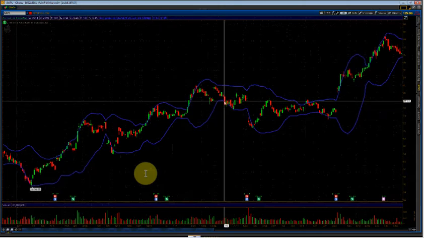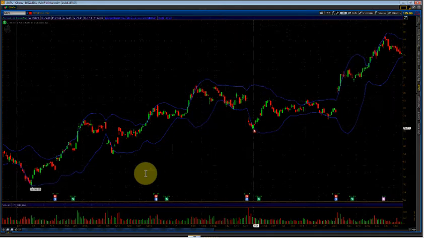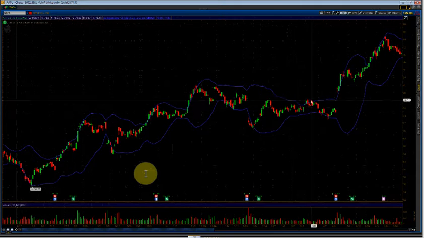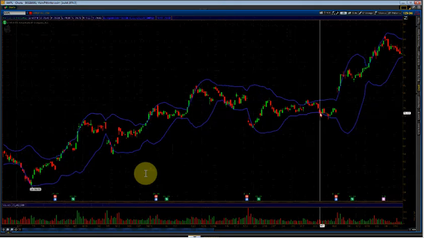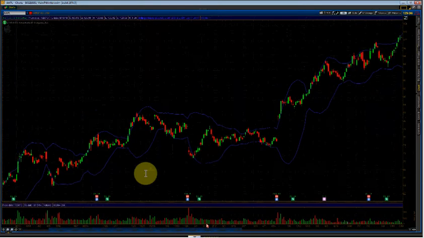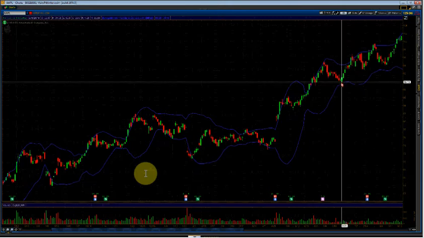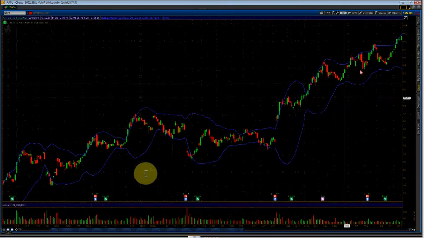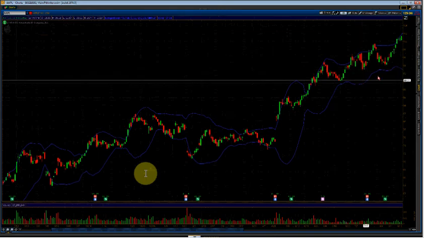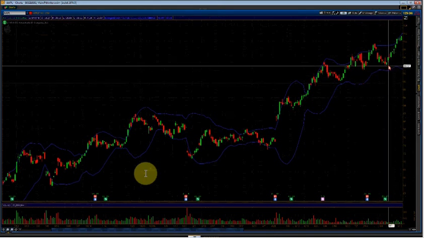You'd have got them right here as well. You'd have been buying them here. You wouldn't have gotten any of this couple dollar move. You would have bought them here. And then, that was about 30 cents off the bottom, so you probably wouldn't have bought them there. You probably wouldn't have bought them here. Probably wouldn't have even got them here.